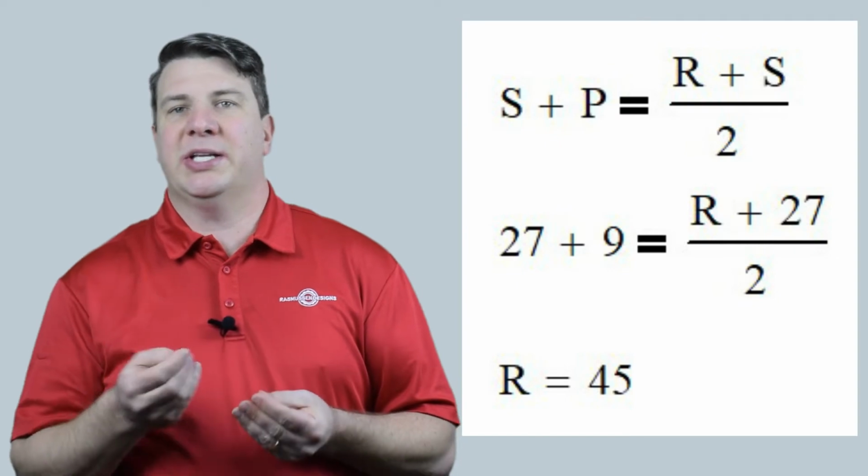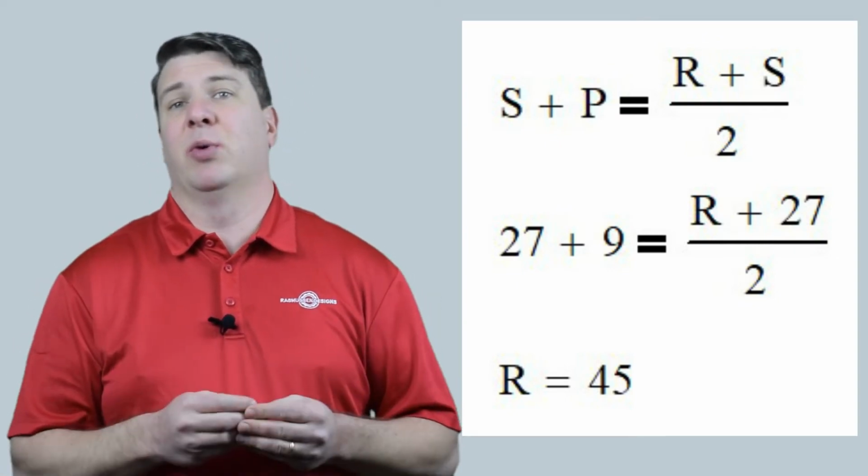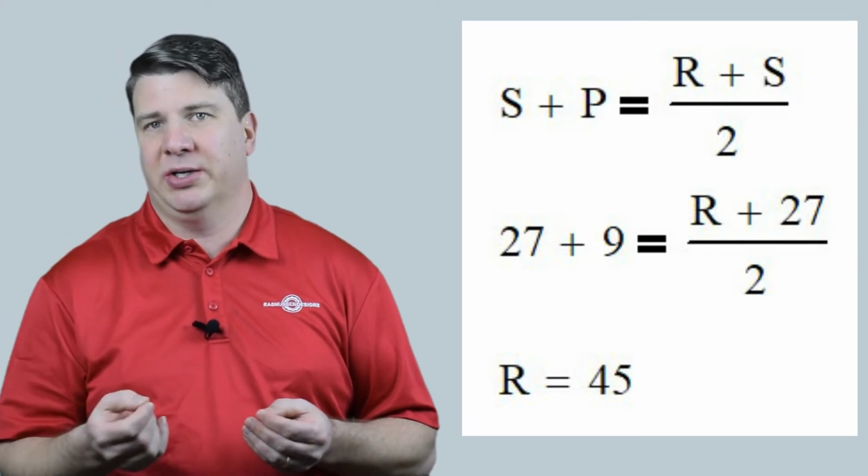So let's see how the speed ratios change as we look at a sun gear of 27 teeth and a planetary gear of 9 teeth. If we work the equations out, we find that we have to have 45 teeth on our ring gear. If you think about this, there's only so big that a sun gear can be compared to a planet and a ring, so we really can't get high reduction rates.